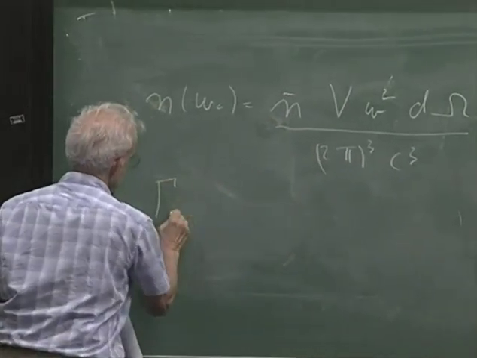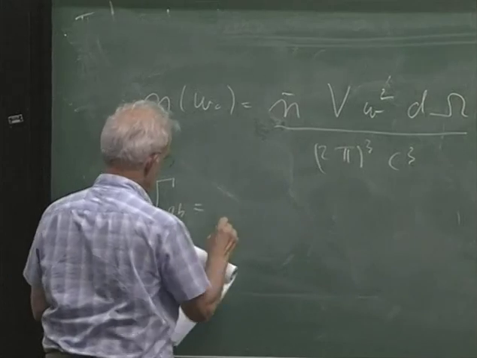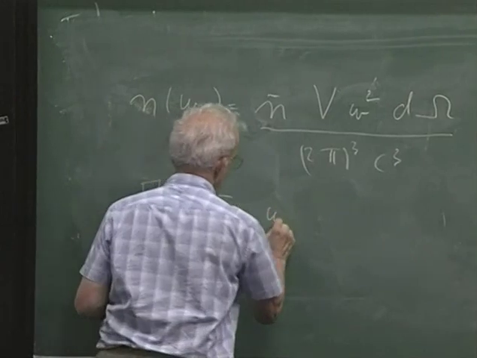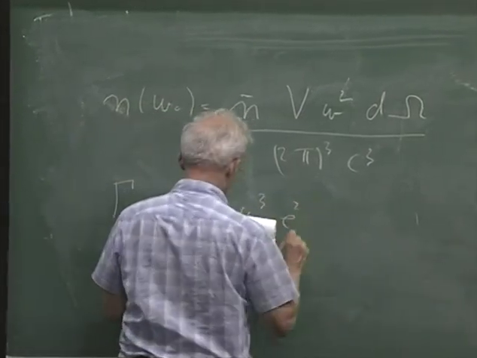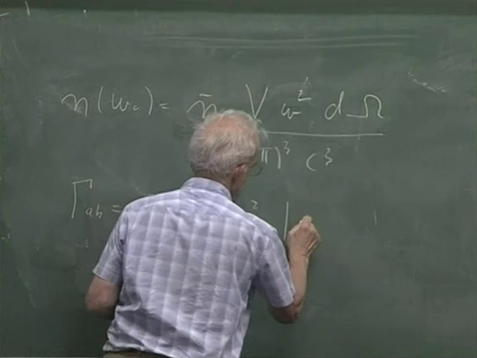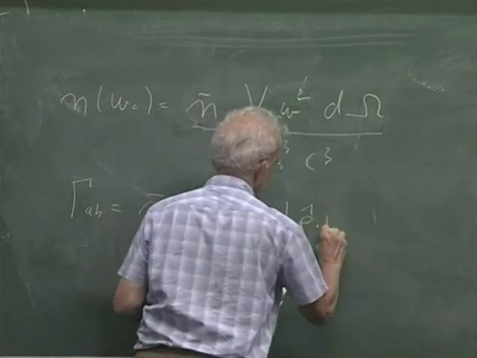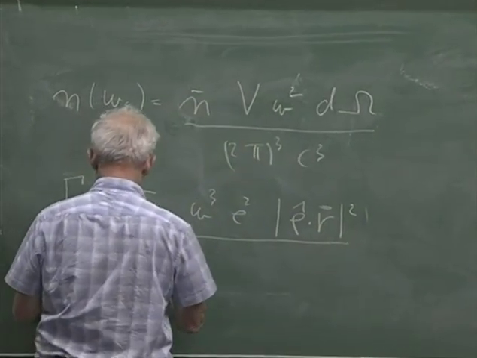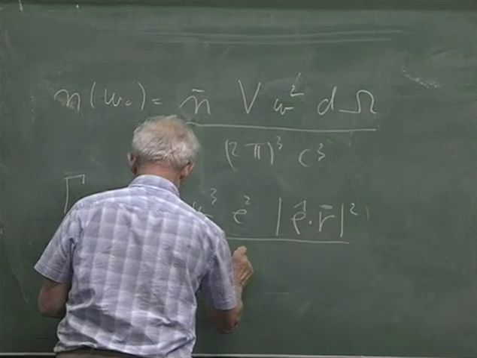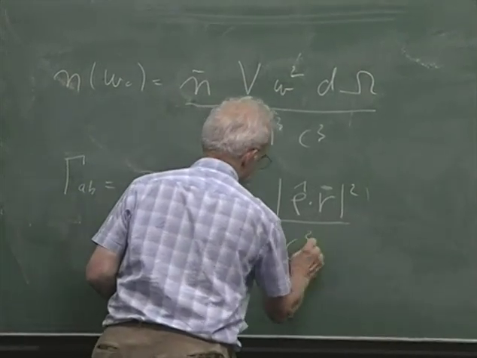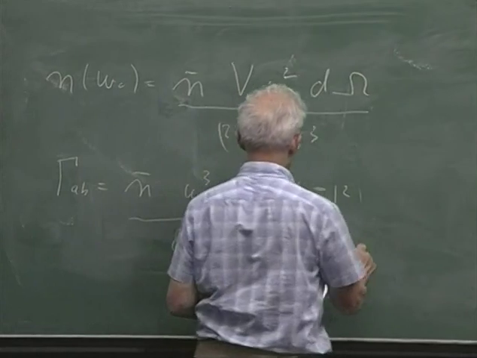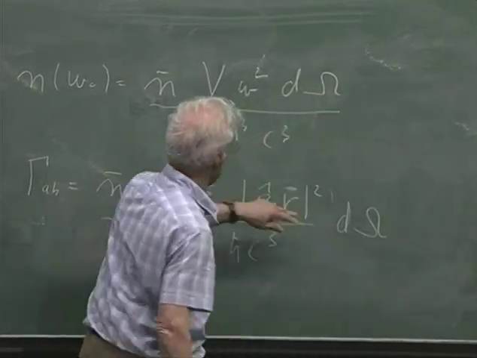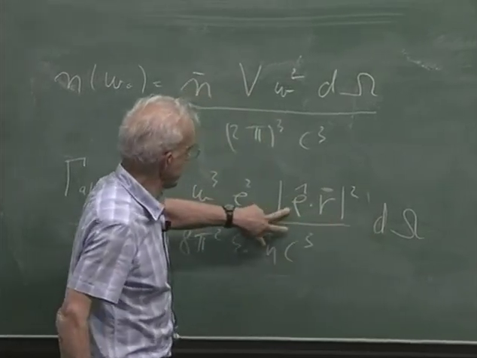And when one puts that in, the absorption rate then becomes the mean photon number n bar times omega cubed times the square of the charge E squared times E dot R squared divided by 8 pi squared epsilon naught H bar C cubed, times, I put in the density per unit solid angle, but you have to integrate over the angle.